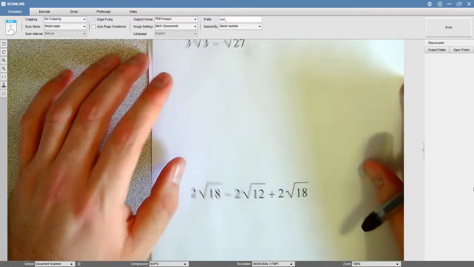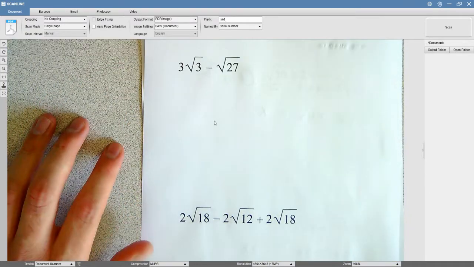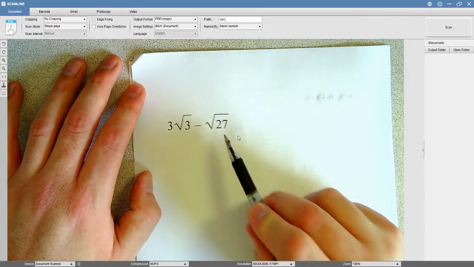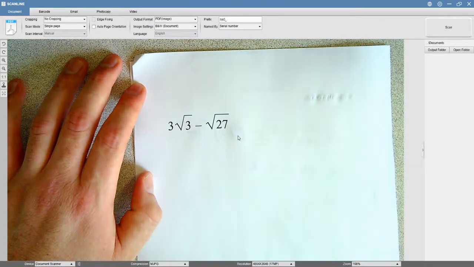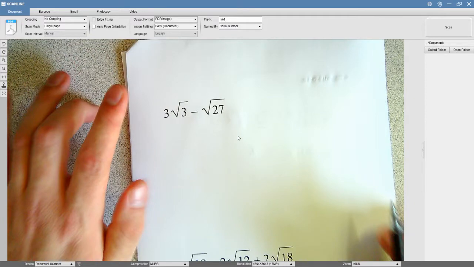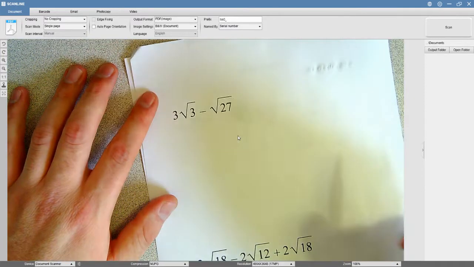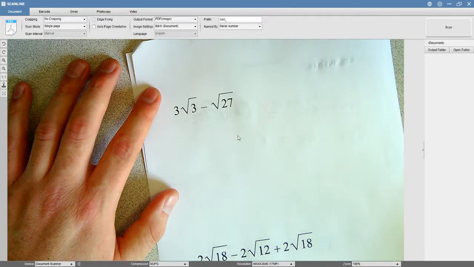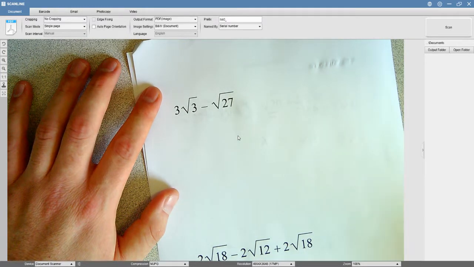Let's work on a more interesting problem. Here we see square root 3 and square root 27. Now, 27 is a special number because 27 is 9 times 3. So let me rewrite this. And we can also write 27 as 3 to the third power.